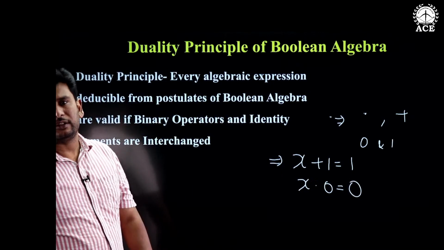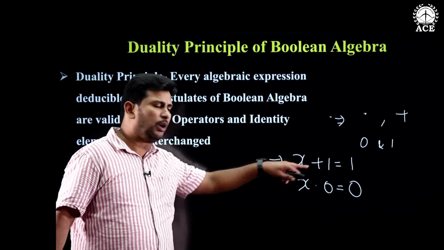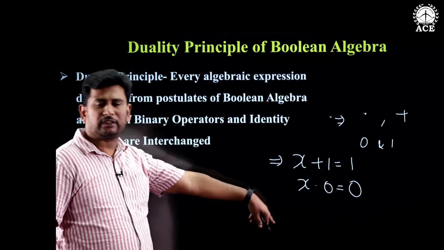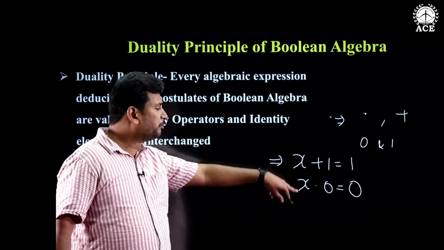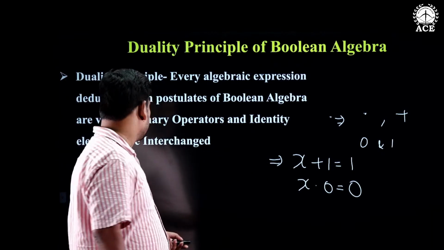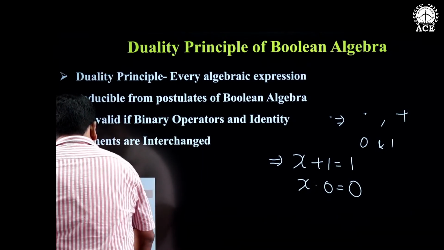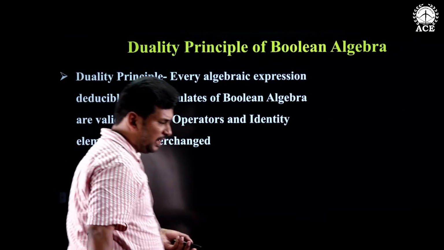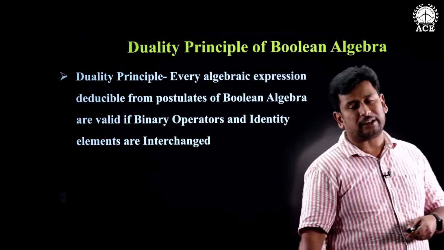What is the reason? Here the identity elements are 1 and 0. 1 will be replaced with 0 and OR will be replaced with AND. Sounds clear? This is the duality principle, and we will work out a number of examples so that we get a better understanding.